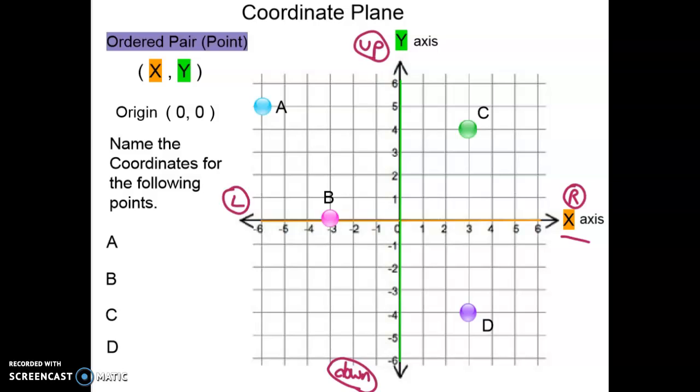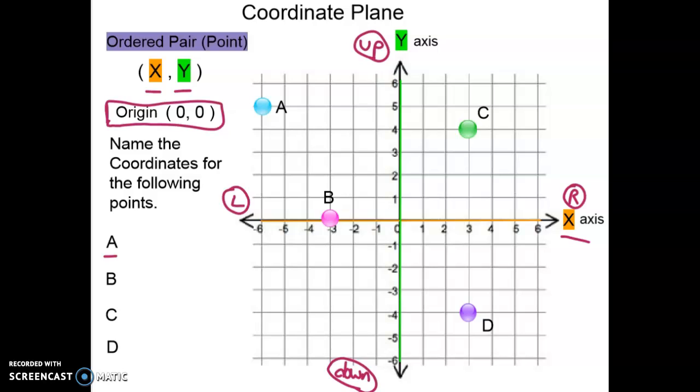Remember, an ordered pair is made up of a set of parentheses that always starts it, an x value to tell us how many spaces in which direction we're going in the x-axis, and a y value, which tells us how many spaces in which direction we're going in the y-axis. We're always going to start from that origin, or that bullseye, that center, 0, 0, when we're working to name a point.